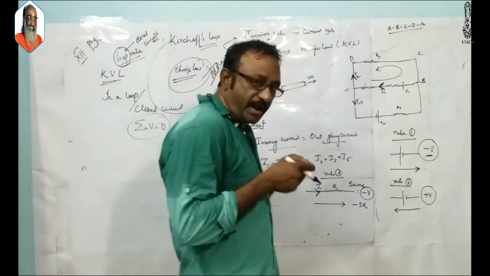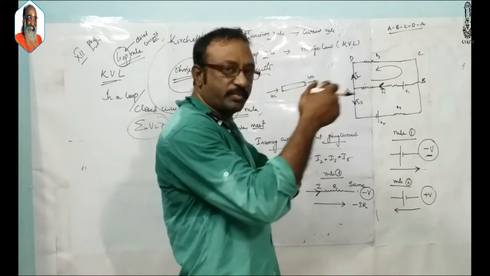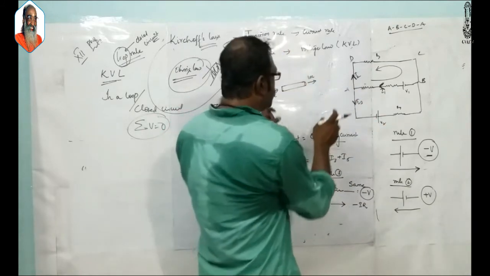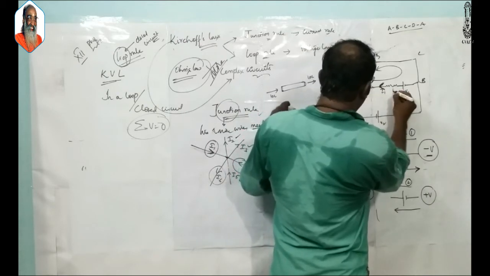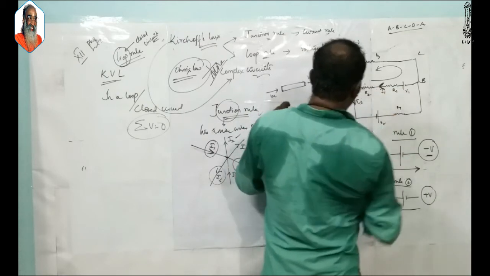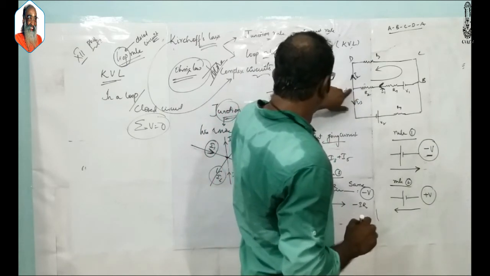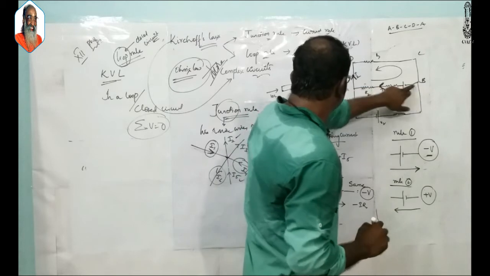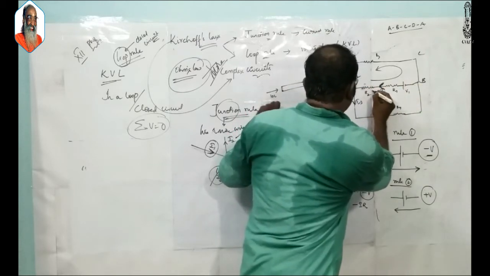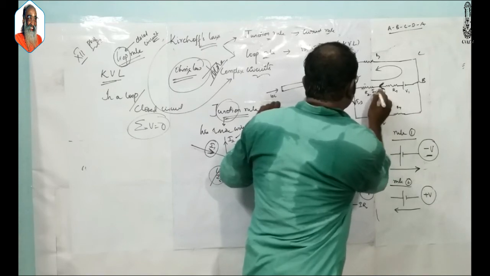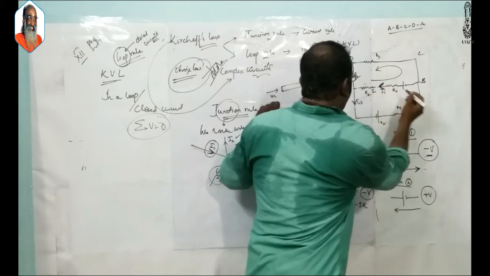Now look here, let this be R1 and let this be R2. So I am starting. The current is I1 in this wire. So here it is I1 R2. Now what is the V value here? It is I1 R1. Which direction are you considering? In this direction. But actually the current is in this direction.